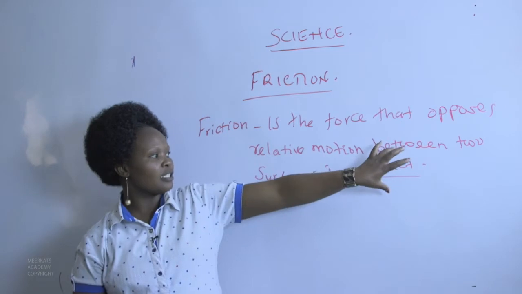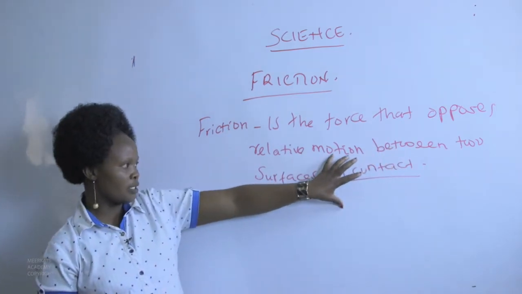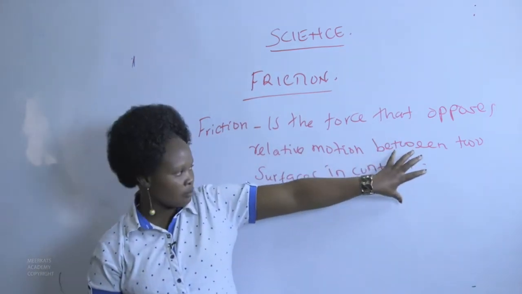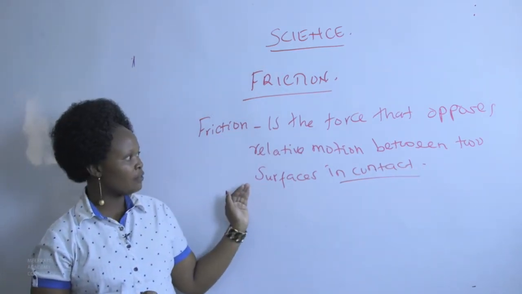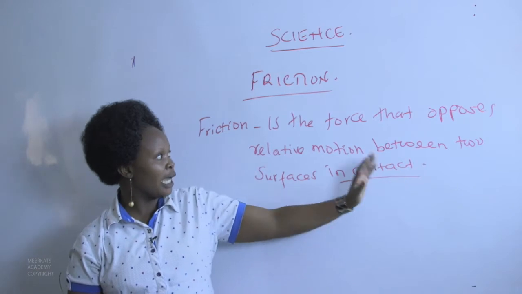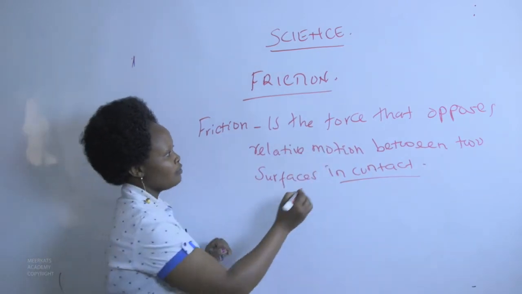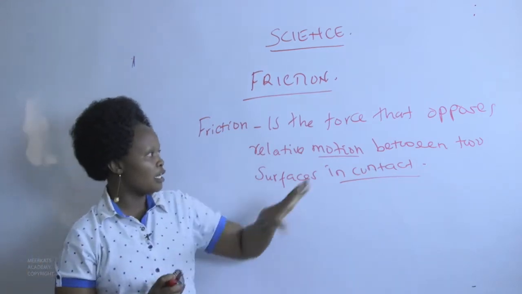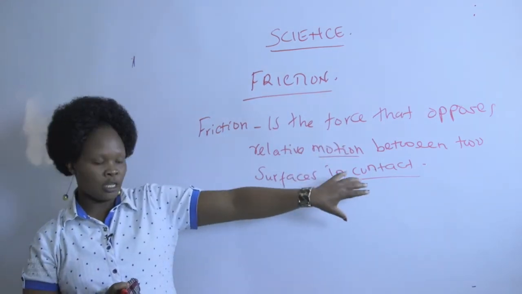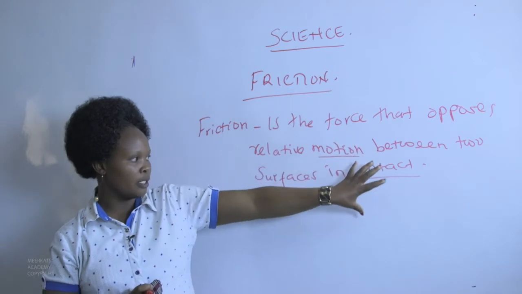That is to mean that if bodies are not in contact, then we cannot claim to have friction working between the bodies. They have to be in contact, and then they have to be in motion. Those are the two important aspects of this definition that you have to put in mind.